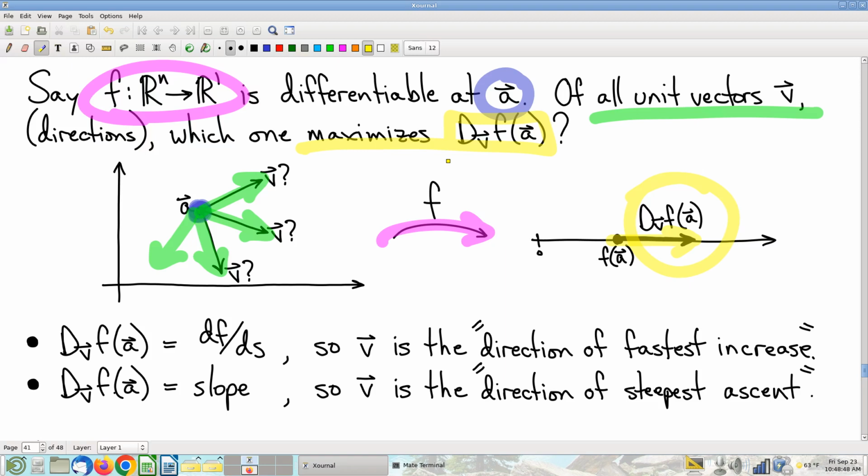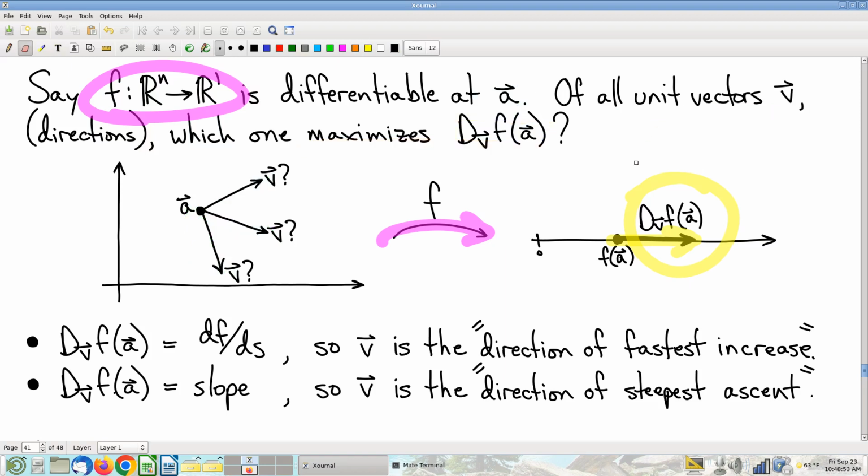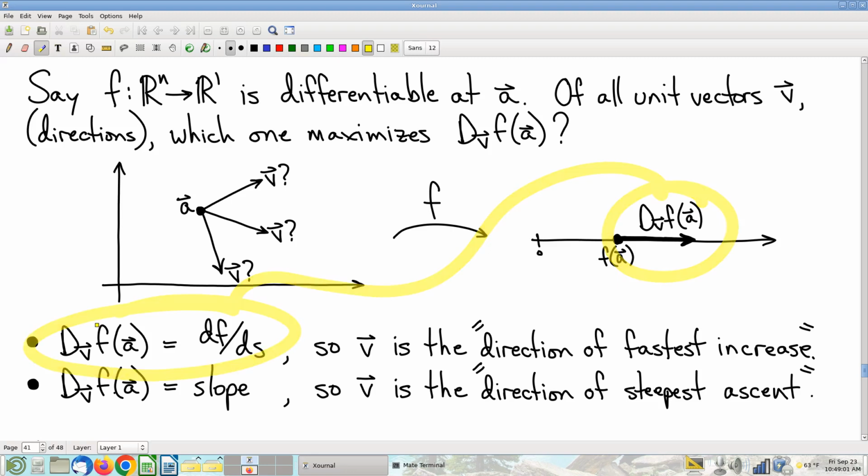Okay. Now, before I get to the answer, I want to interpret the question a little bit. Directional derivative. Keep in mind, one of our interpretations of directional derivative is how fast the function is changing per unit distance.